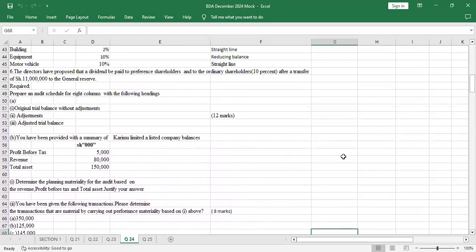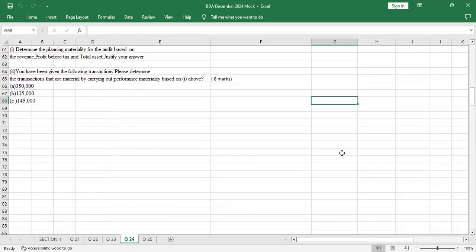So we'll have the first one, the original trial balance. Then we have the adjustments.